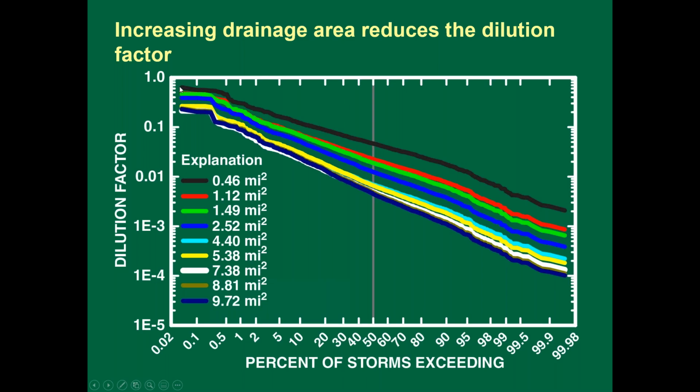Now, if we move the highway down to this 9.72 square miles, we can see that it's about maybe 25% at the worst case. And at the highest, in the smallest basin, it goes down to about a tenth of, or yeah, 0.2% of the downstream flow.